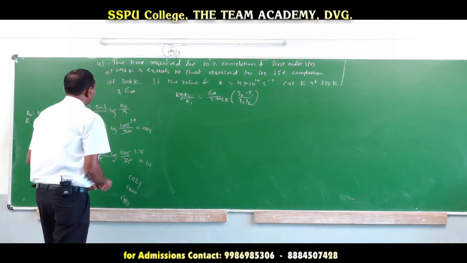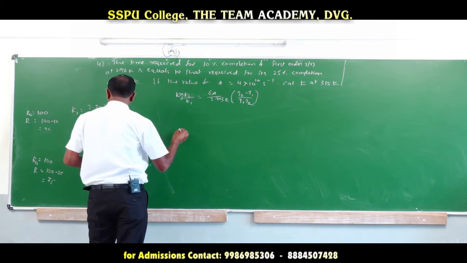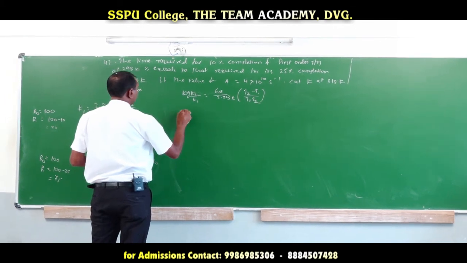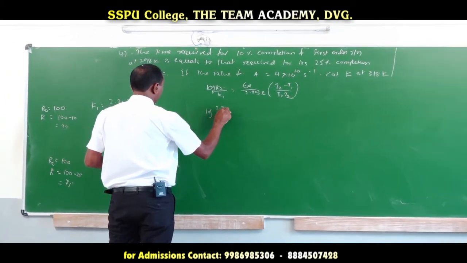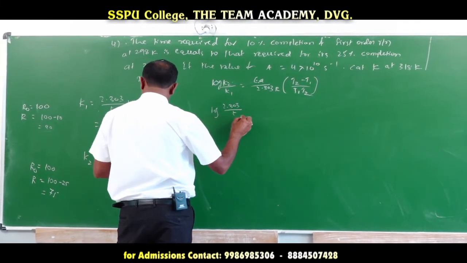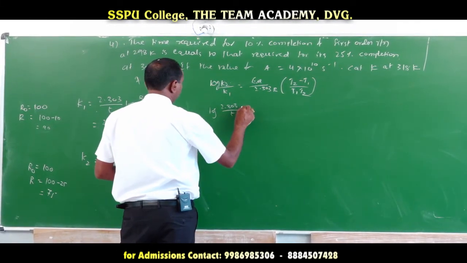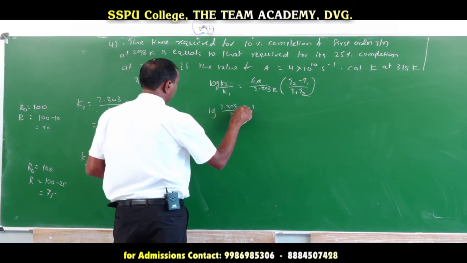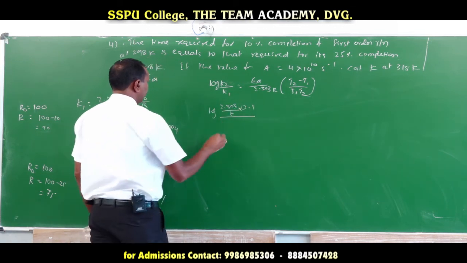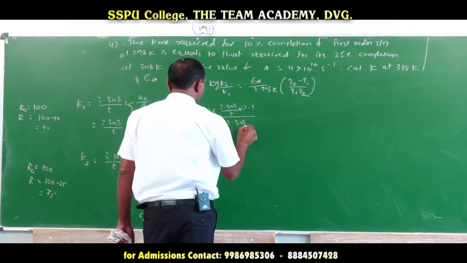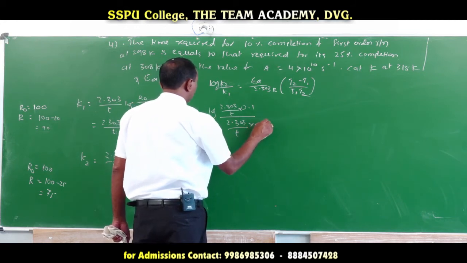Okay, K2 value is 2.303 by T into log of that value, 0.1 divided by K1, is 2.303 by T into 0.044.